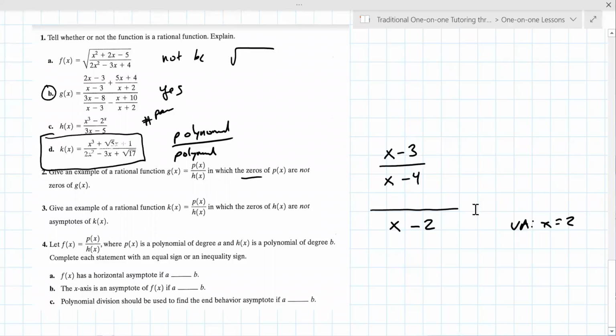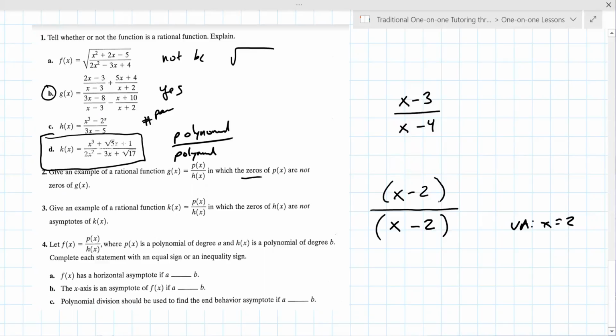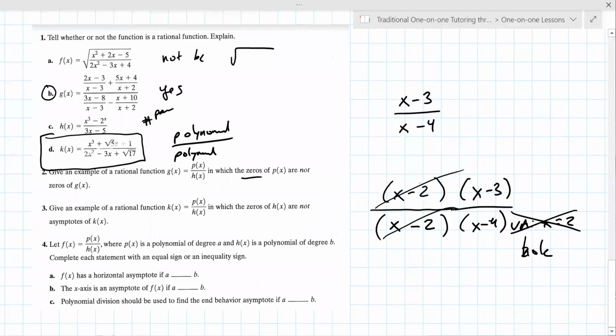So I'm sorry, that is slightly different. It's an asymptote unless in the numerator you have the same factor. So we need to make this a little more complicated. We'll say x minus 3 over x minus 4, so that's still rational. But because these cancel, it's a hole, not an asymptote.